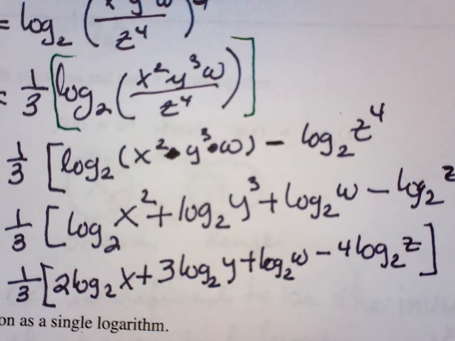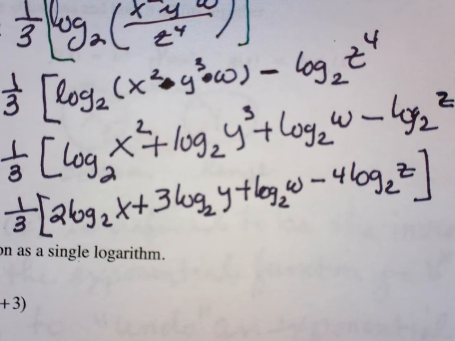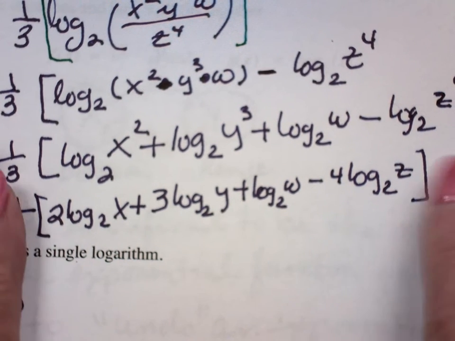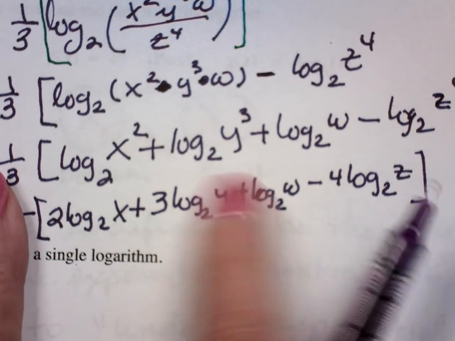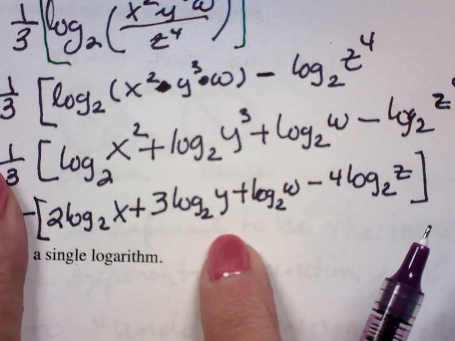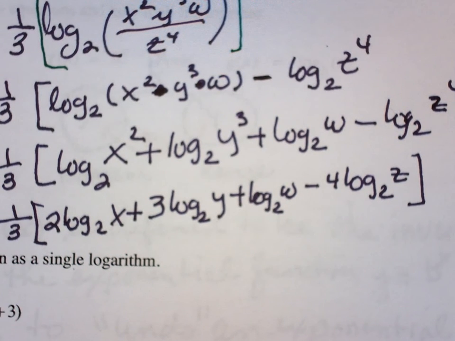And just leave it. And if you think about it, bring the 2's up, then multiply, bring the 3 up. Multiply x, multiply y, multiply w, etc. So you should be able to go from here back to the original.